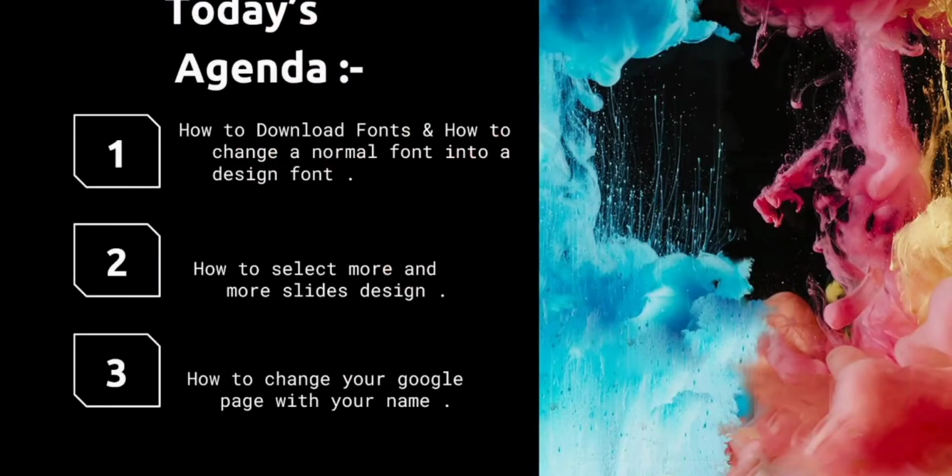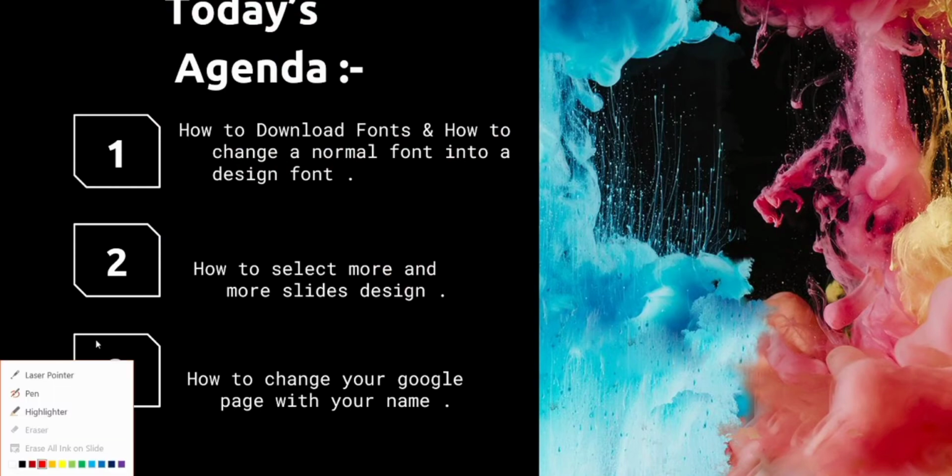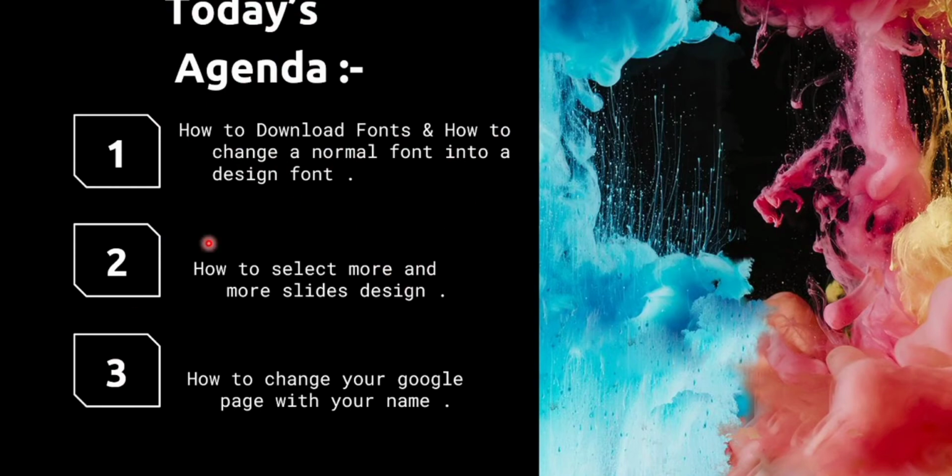Now, today's agenda. Let me take the laser pointer. The first agenda of the day is how to download fonts and how to change a normal font into a design font. The second agenda is how to select more slide designs and how to download them.